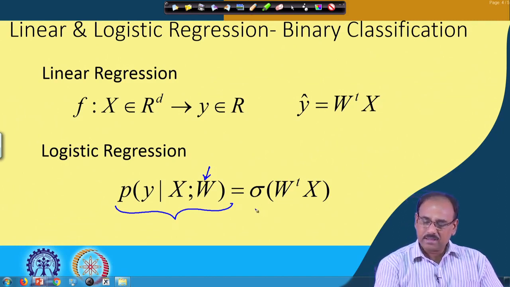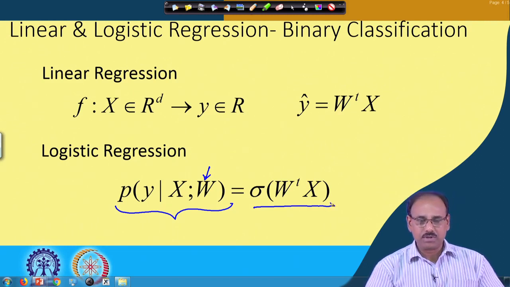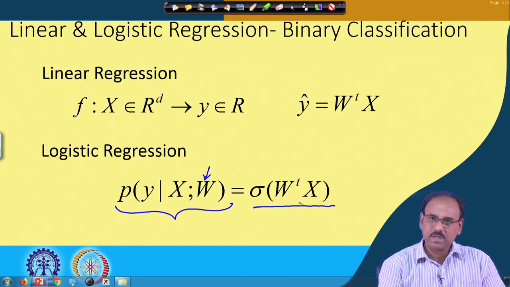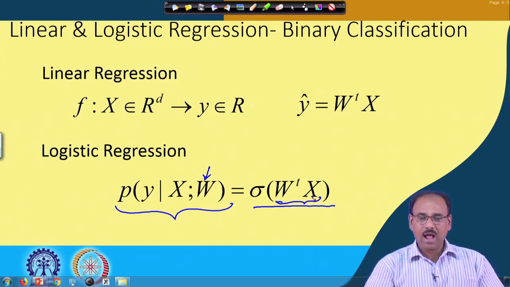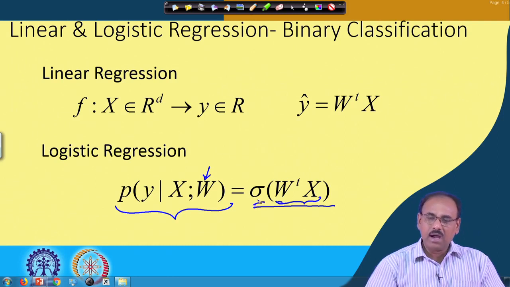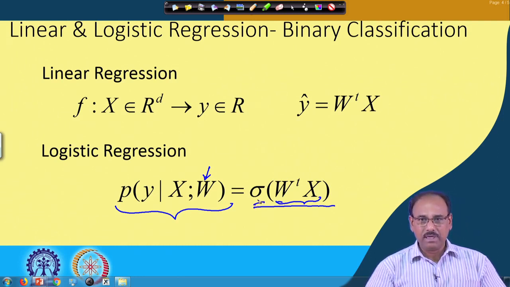That can be written as a function sigma of w transpose x. Again, you find that this w transpose x is a measure of distance, the distance of x from the surface w transpose x equal to 0, and using this sigma function I can convert this to a probability measure.